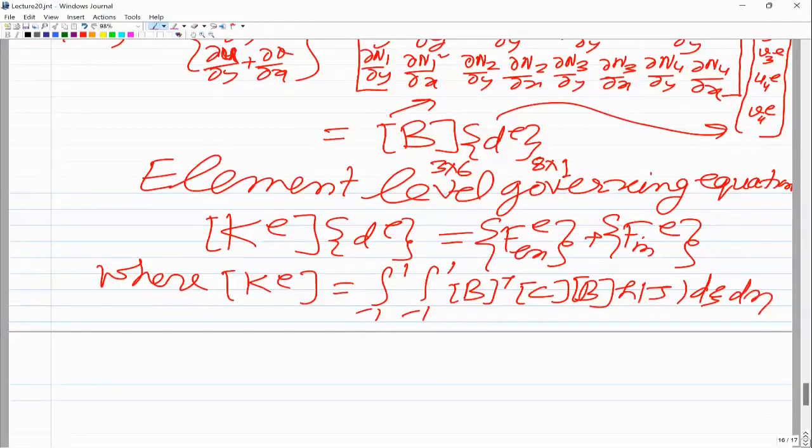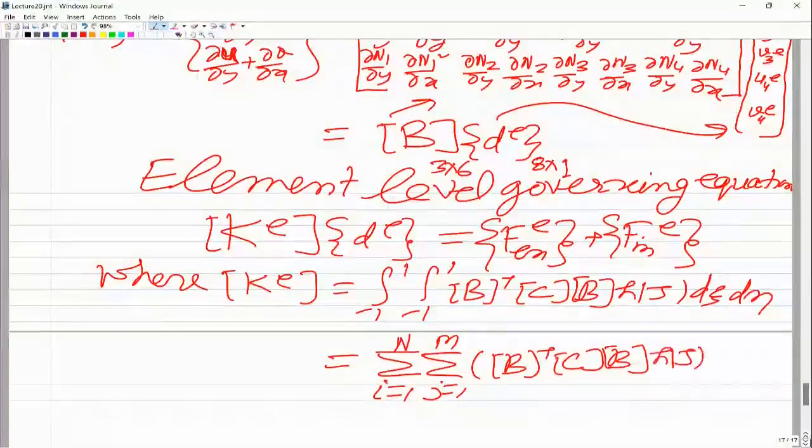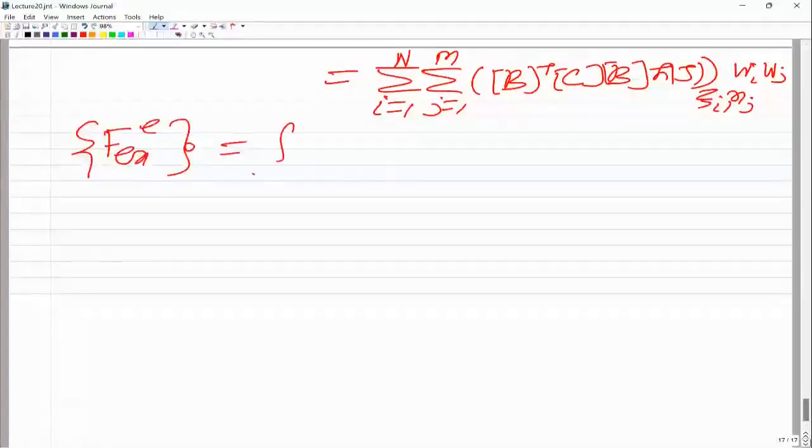So this would be written as summation i going from 1 to n and j going from 1 to m, of B transpose C B into H into determinant of J at xi i, eta j into wi wj, and you do the summation over all the Gauss points.